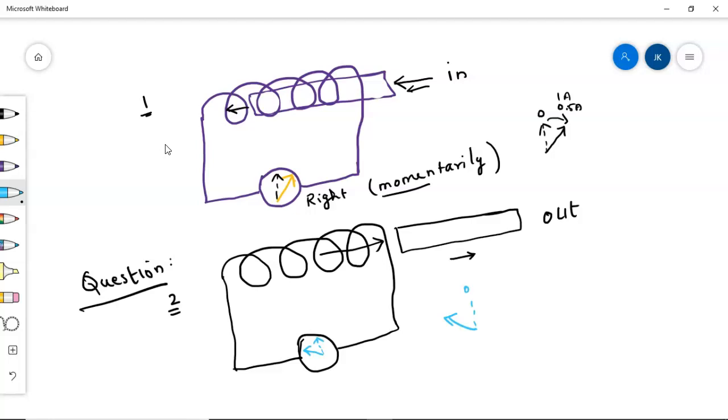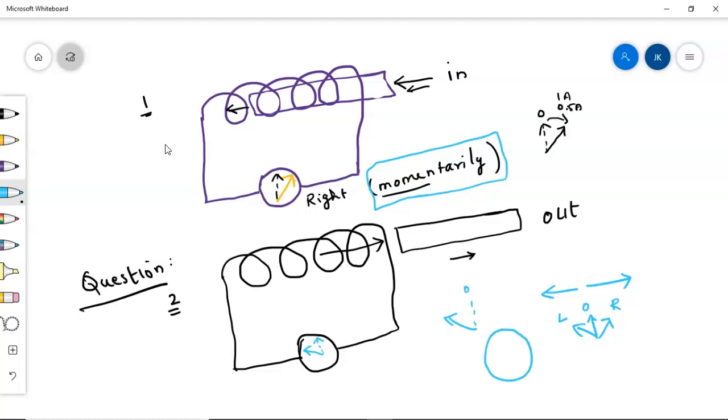This word, momentarily, is important. So as long as you move in and out, you can see the deflection to the right and left momentarily.